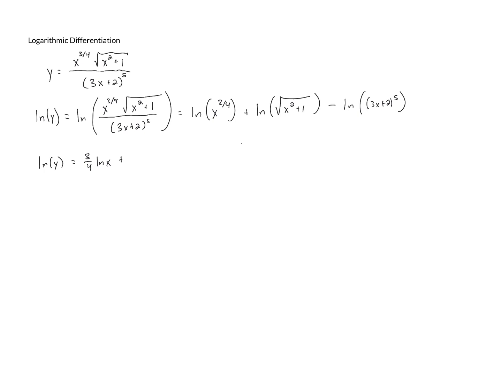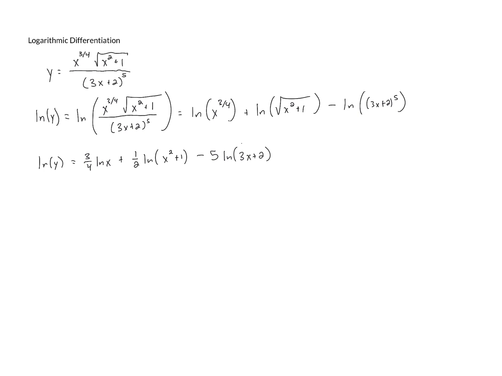So we can pull that 1/2 power out front, and we've got 1/2 ln of x squared plus 1. And then we've got minus, again, we've got an exponent that we can pull out. We pull that 5 out front, and that becomes 5 times ln of 3x plus 2.